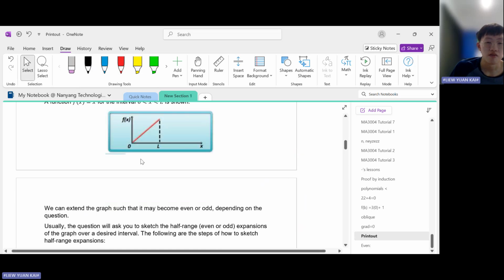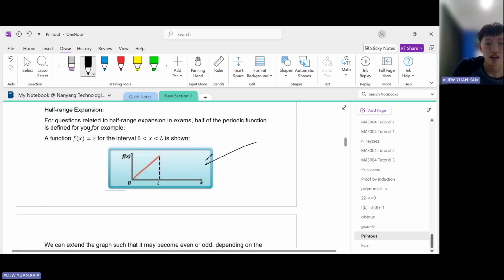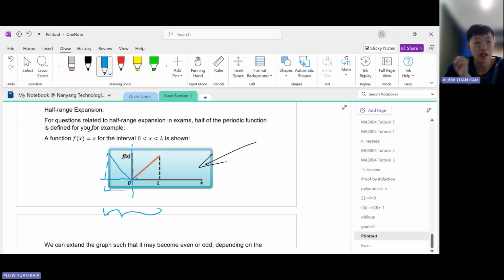So what the question will give you is this, and then what the question will ask of you is to draw the half range expansion. Half range even expansion means it is symmetrical about the y-axis. So reflect it first. You already reflected, right? So this will be one period. What you do is you copy paste until you achieve the desired domain that they want.